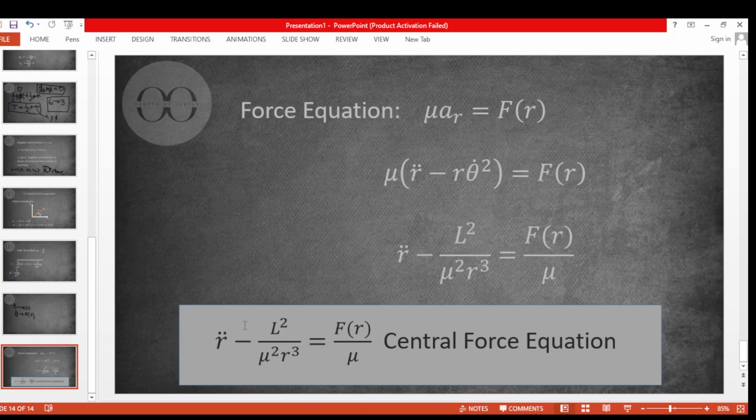We will solve this equation in our next lecture. This is a second order ordinary differential equation. We will see how we can solve this with the substitution method, and how we can determine the orbit of the two body problem.